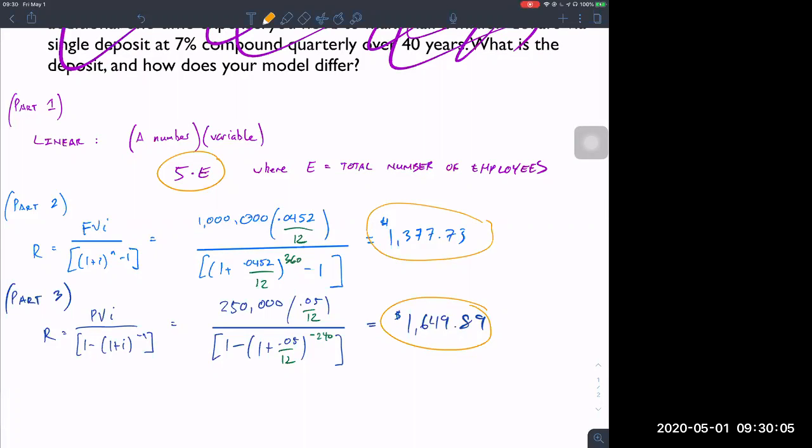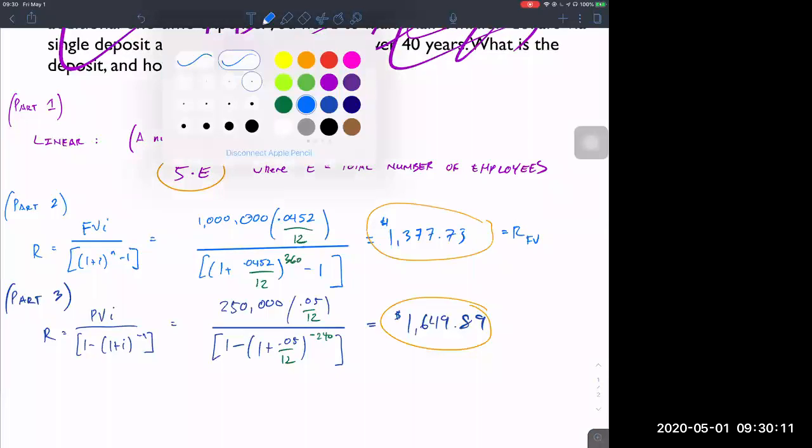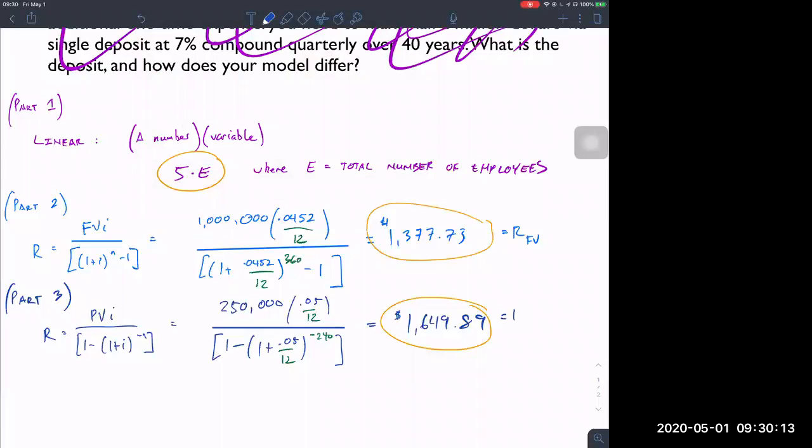So if you recall, this one is equal to the recurring payment for future value, and this is the recurring payment for present value. Do you have to use that? No. If you take the time to crank out the numbers anyway, then you don't have to worry about it. It's good. It's there, and that's pretty much it.